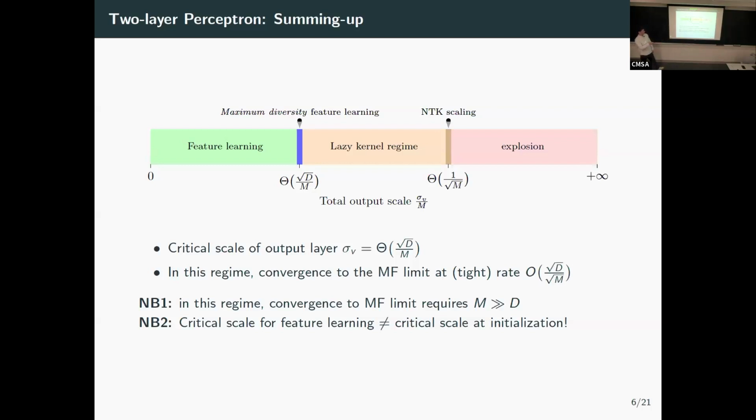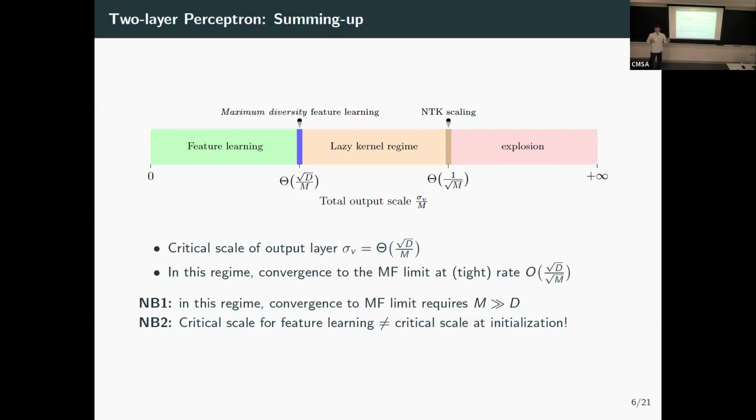Two things to keep in mind: in this regime, when I'm at criticality here in the blue strip, convergence requires m to be much larger than d. And also, the critical scale at initialization, which is this one, beyond which I have explosion, is not the same as the critical scale for training.